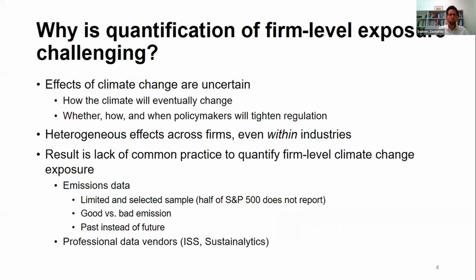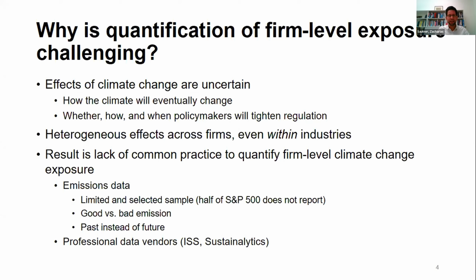Now, why is the quantification of firm level exposure so challenging? Why do these practitioners and academics say this? Well, first of all, we've heard this also from Johannes: climate change is highly uncertain, and the effects on firms even more so. We don't know how the climate will eventually change. We don't know whether, how, and when policymakers will tighten regulation. So there is uncertainty about the climate, physical, and regulatory risks.